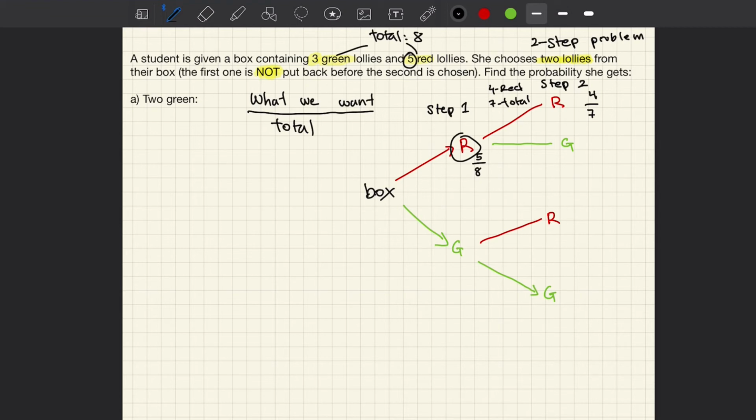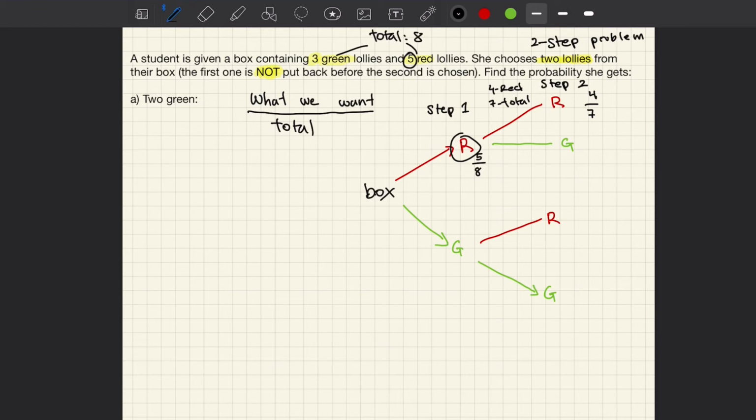Okay, now what about for green? Do you want to try for green and then pause the video and see if you got it right when I work through it? Okay, so if we have 4 reds and 7 total, that means we still have 3 green lollies left. Now, we didn't take any greens out, which means that there wouldn't be any difference between here and here, between the red and the green.